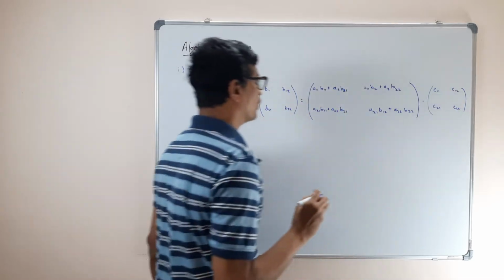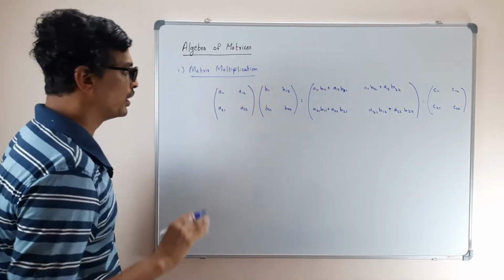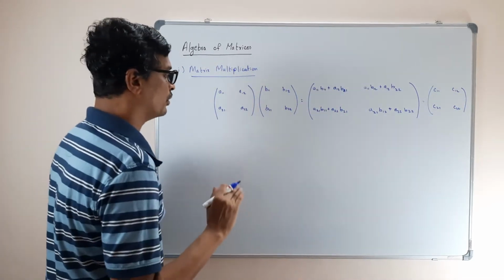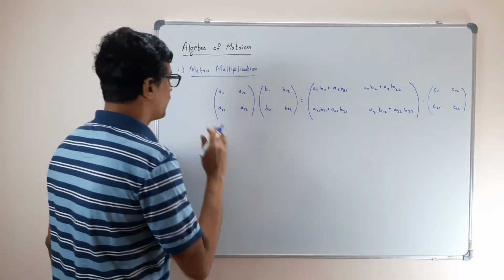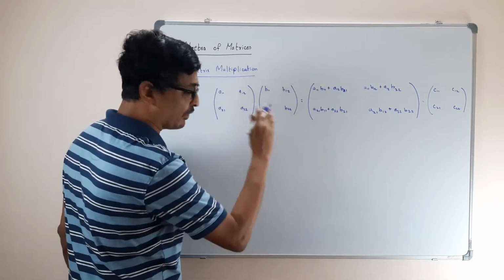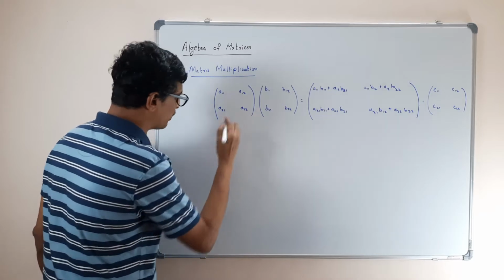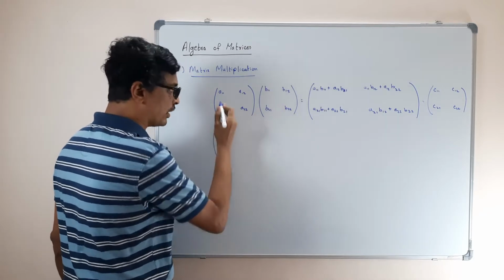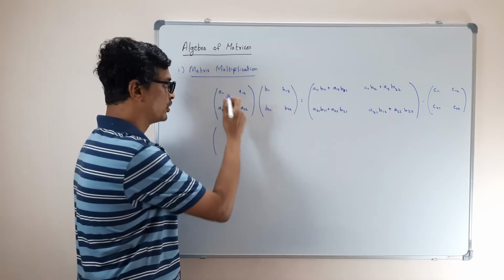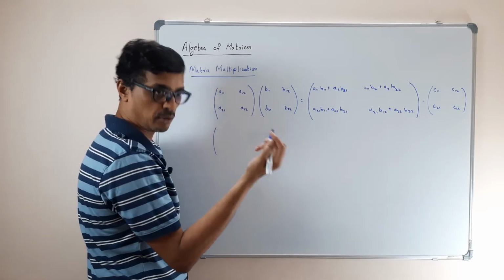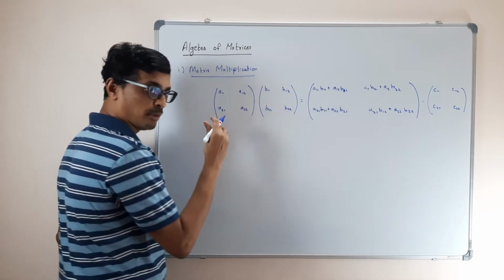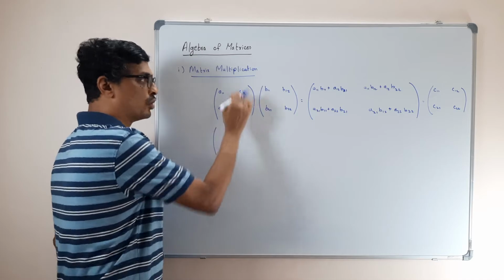I will come to it later because there is one more quantity we need to know. Suppose I am giving another matrix; you can do this for a 3 by 3 matrix also. This is 2 by 2. You understand what 2 by 2 means, right? 2 rows and 2 columns.